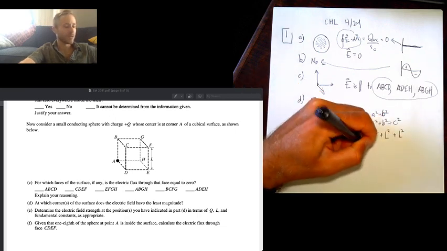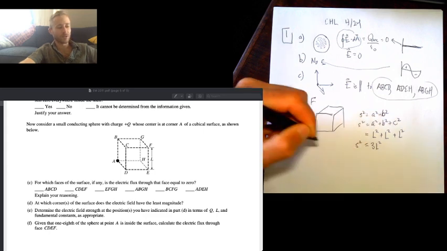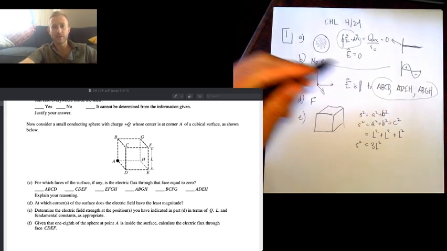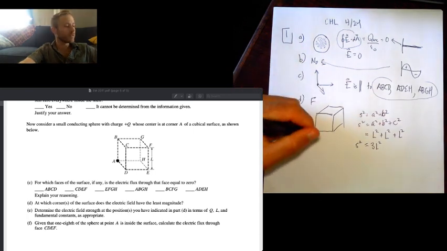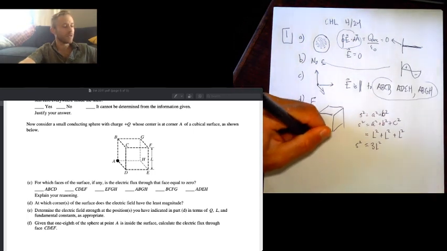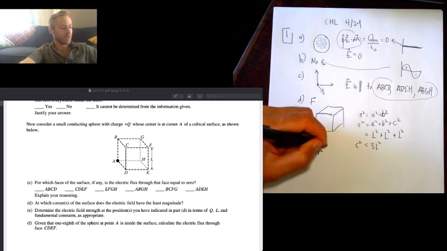That equals 3L squared. So that means that the distance squared across the diagonal of the cube is 3L squared. Now the electric field is KQ over R squared, which I've called S squared here. So it would be KQ over 3L squared.